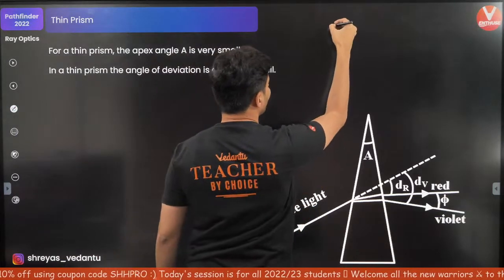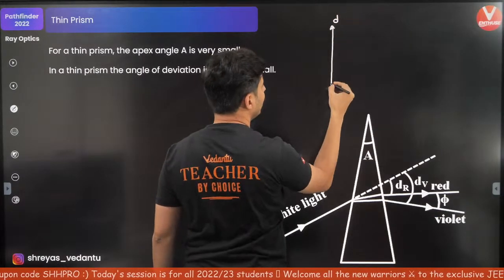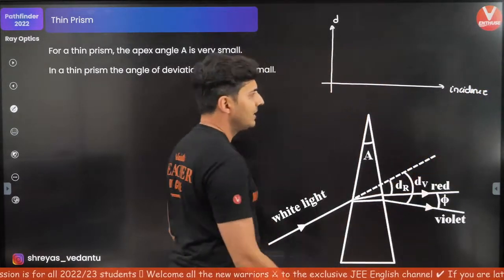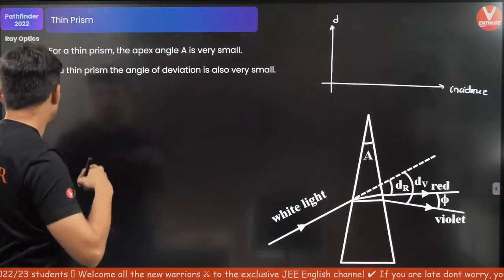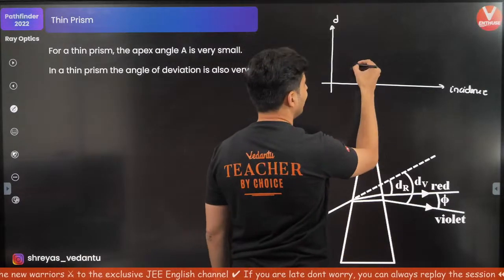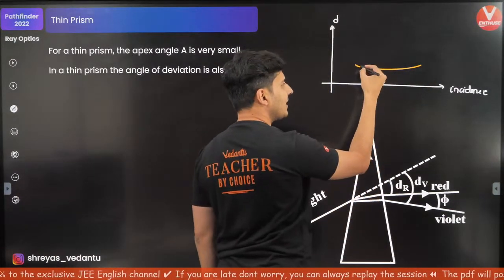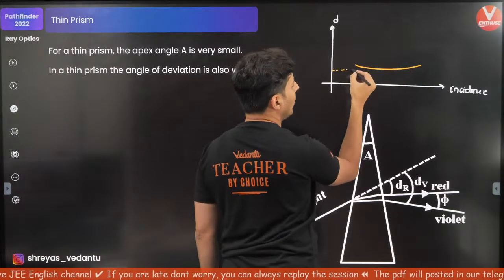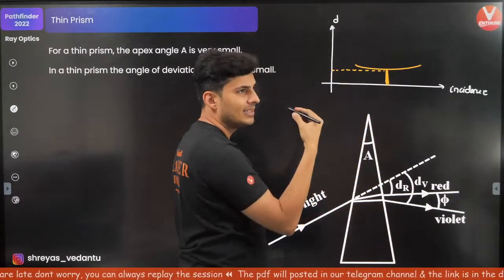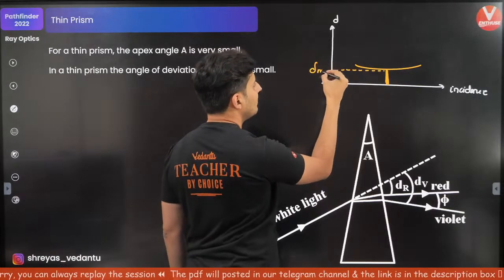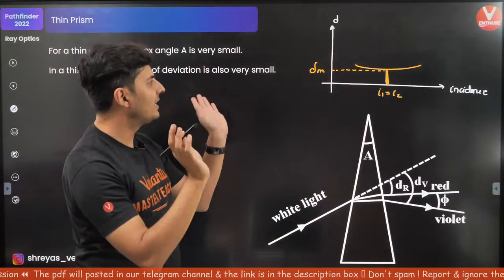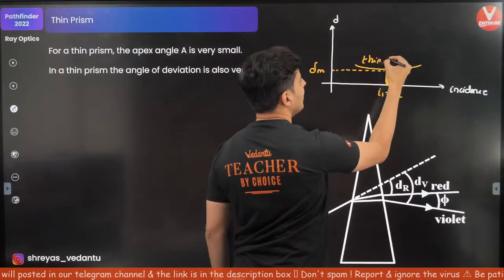If this is delta and this is incidence angle, I told you that the graph looks U-shaped for normal prisms, but for thin prisms, the graph just becomes flat. Almost all the deltas are the same, there is no distinction between delta minimum and delta. So if this is your delta minimum and this is where I1 is equal to I2, all the other deltas are roughly the same. So it's flattened.